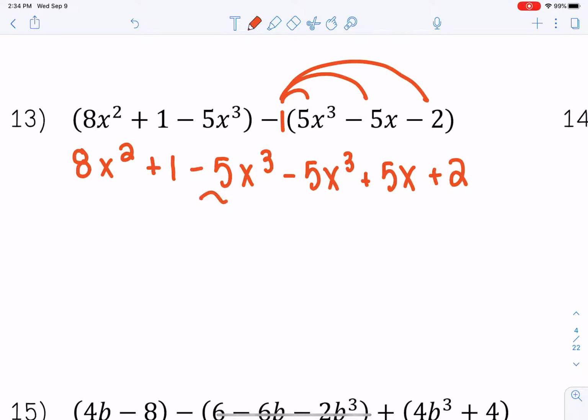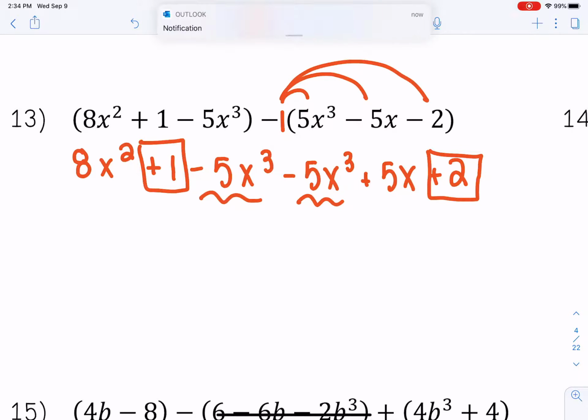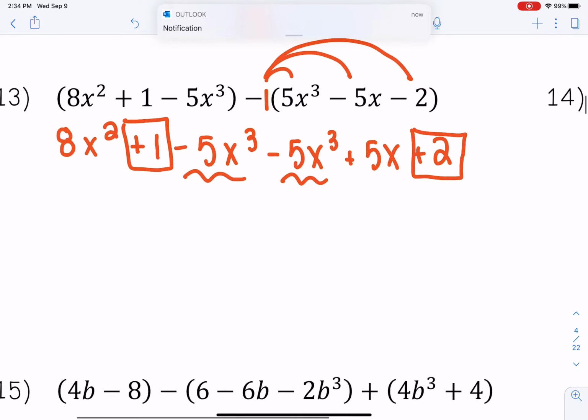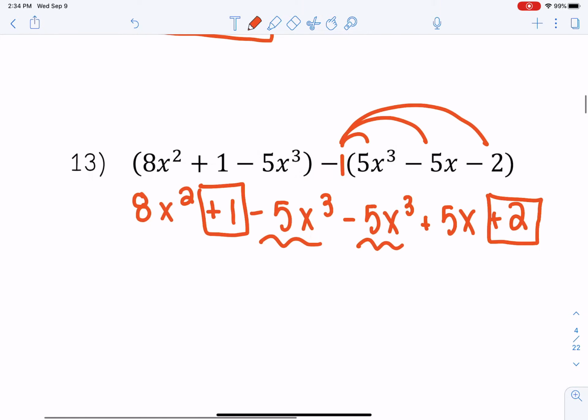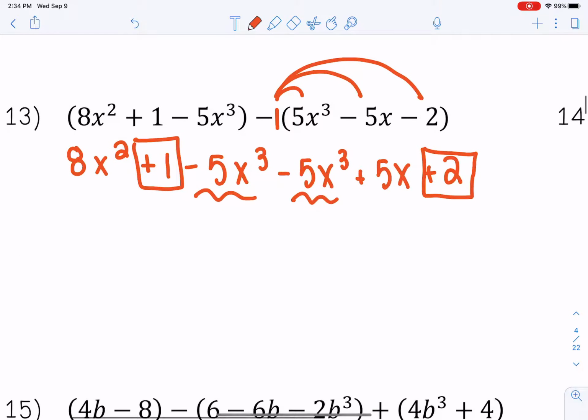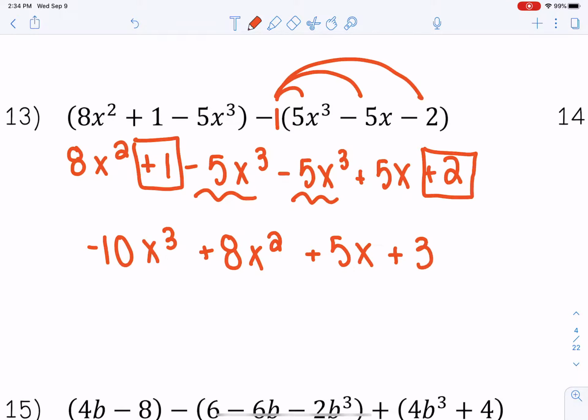And now let's try to combine some like terms. So we get negative 10x cubed plus 8x squared plus 5x plus 3.